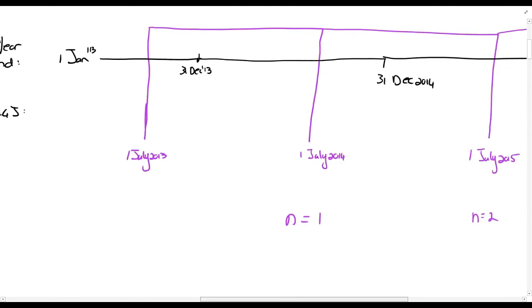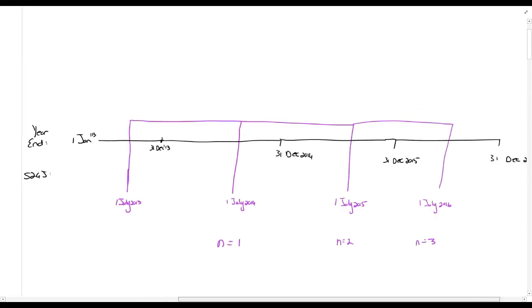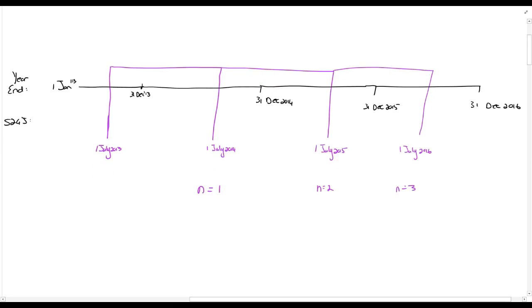So now what I want you to see, if we look at this, zooming out a little bit, is the purple, that is your accrual period N1, N2, N3. What I want you to see is only the portion that falls within your tax year.